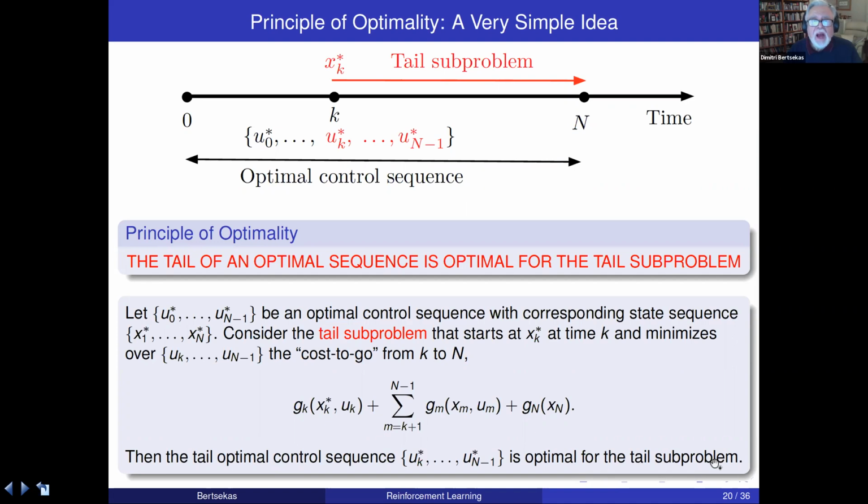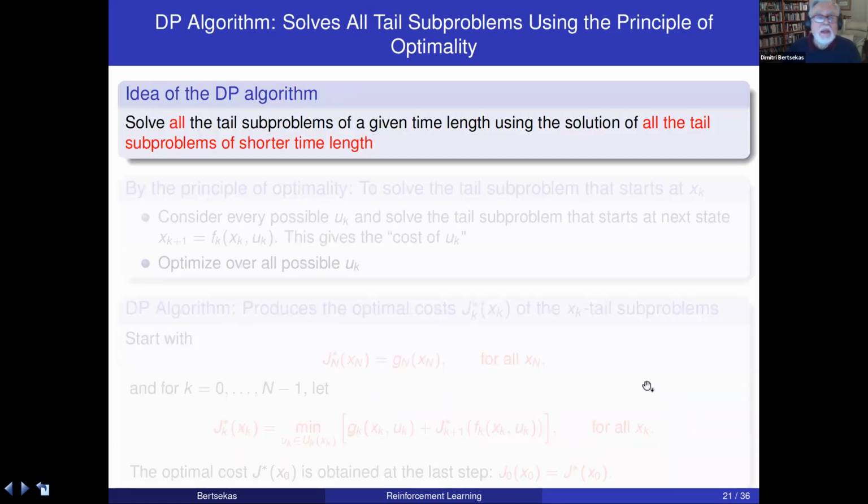So now this principle of optimality provides the seed for an algorithm, the dynamic programming algorithm. It says that I can build an optimal control sequence by using solutions of tail subproblems that are shorter, okay? 1 step, 2 step, 3 step, and so on. So here's the idea.